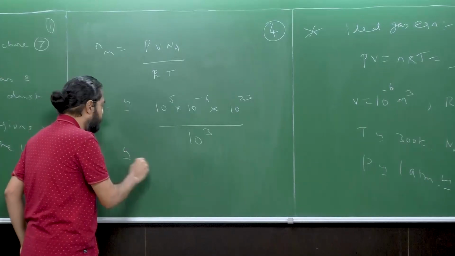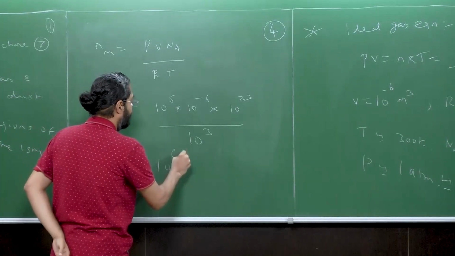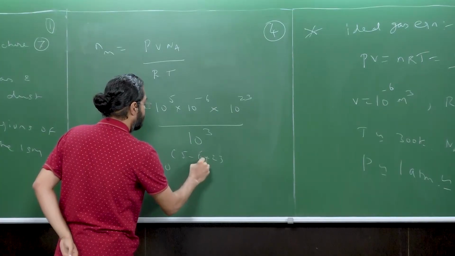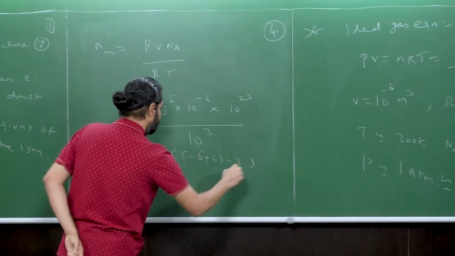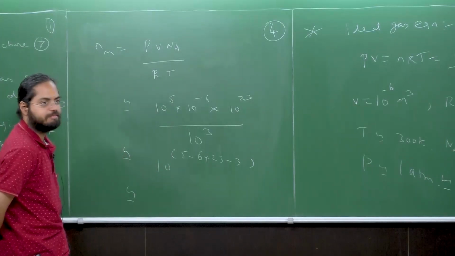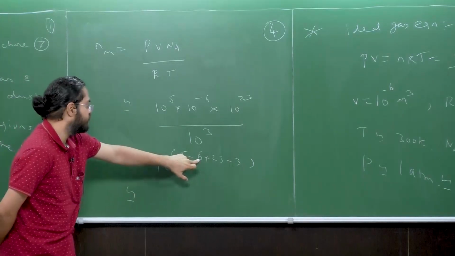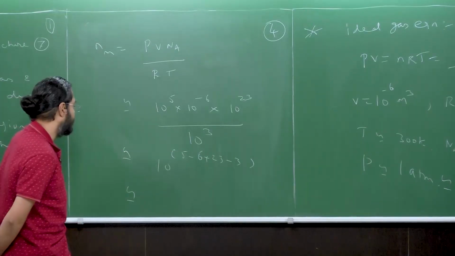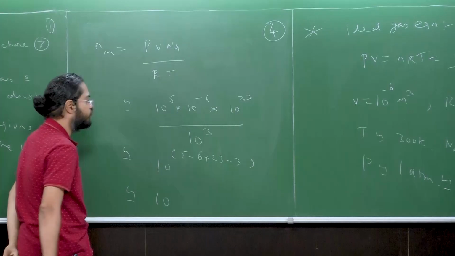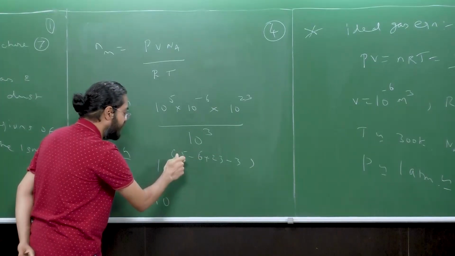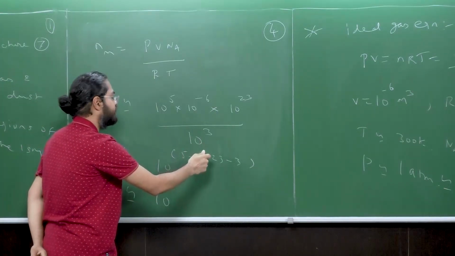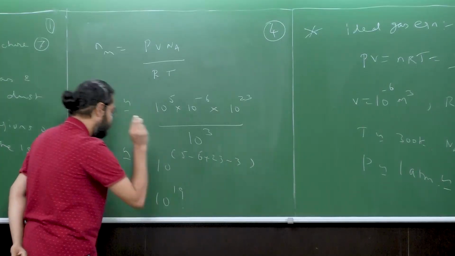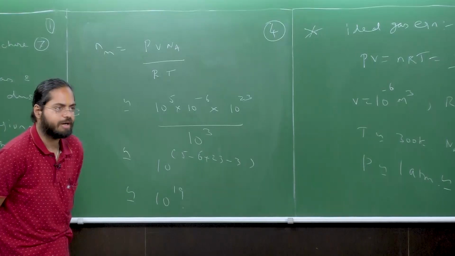And this number is going to be approximately what? 10 to the power 5 minus 6 plus 23 minus 3. 23 plus 5 is 28, and 28 minus 6 is 22, 22 minus 3 is 19, yeah. So 10 to the power 19. Are we good, right?